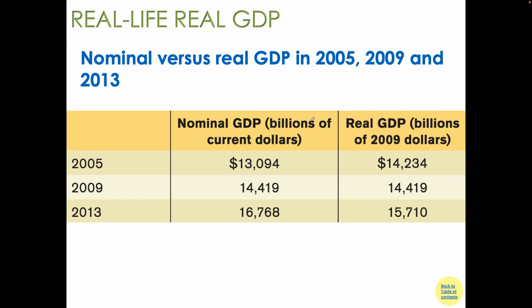And furthermore, you can see if this is a base year, before the base year, usually real GDP is higher than nominal GDP. After the base year, usually nominal GDP is higher than real GDP. And what does this mean? You see the pattern.